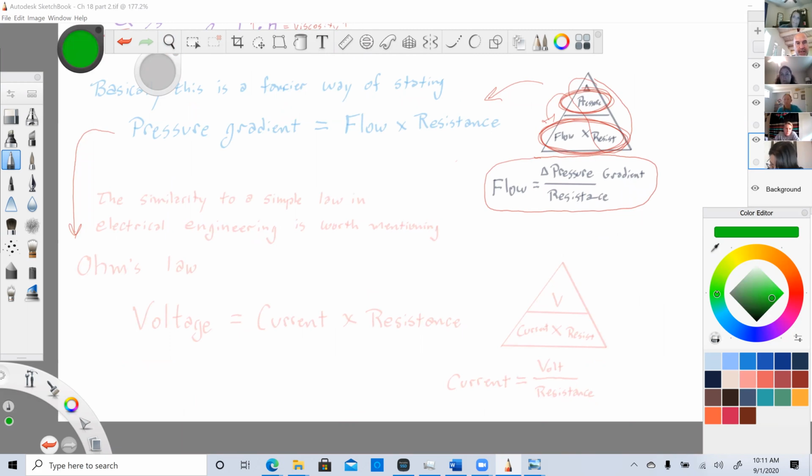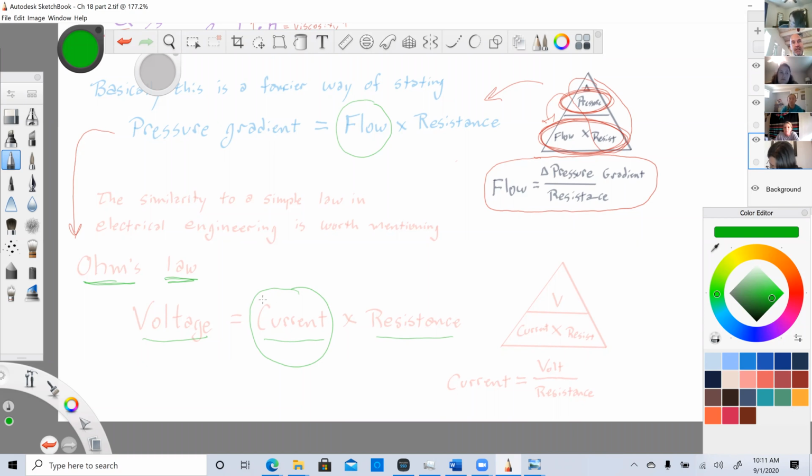Similarity to a simple law in electrical engineering is worth mentioning. Ohm's law is voltage equals current times resistance. Well, flow and current are both terms that can be used in a river.